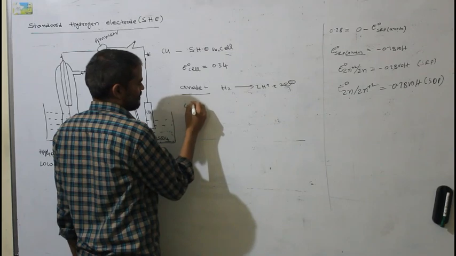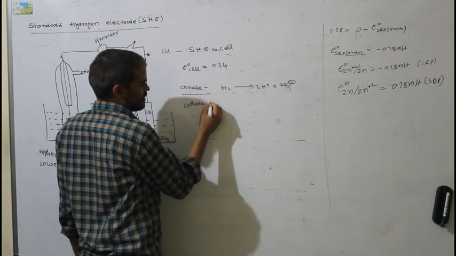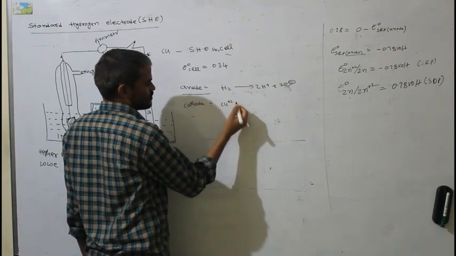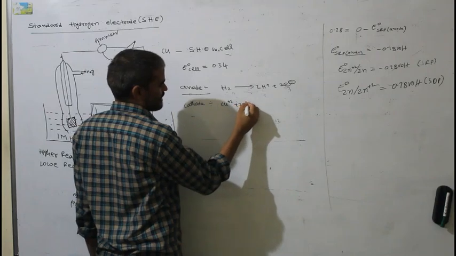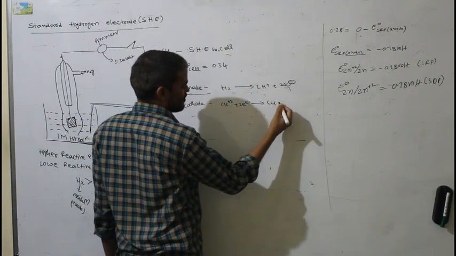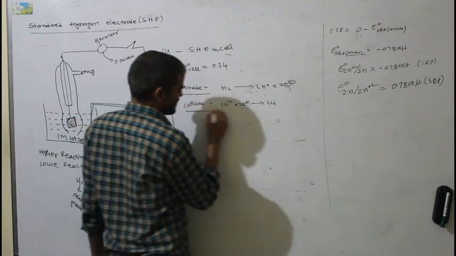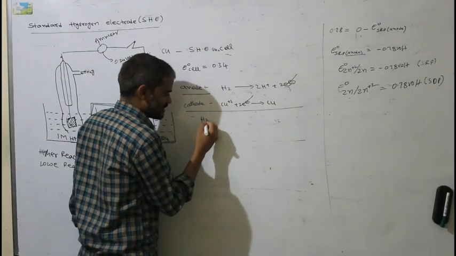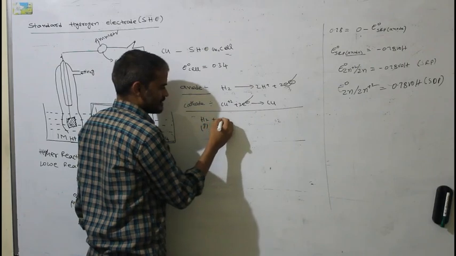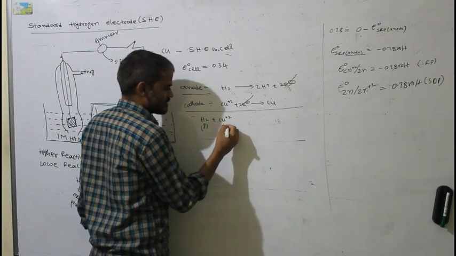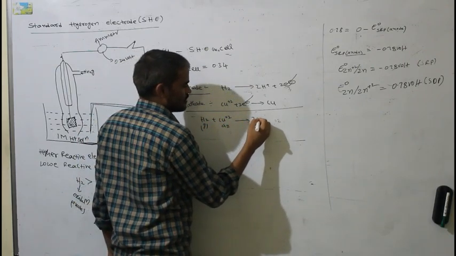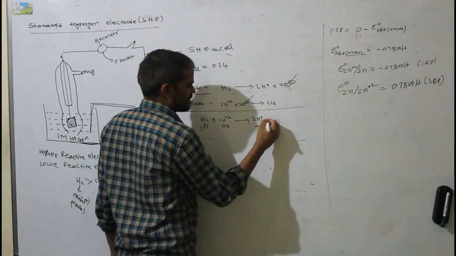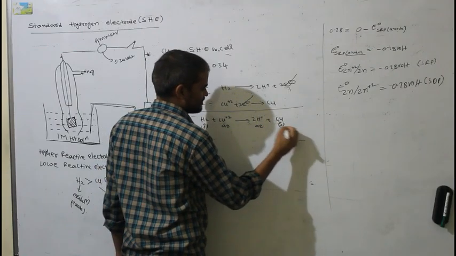Cathode reaction: copper will undergo reduction, that is, Cu2+ accepts 2 electrons and becomes Cu. If we add both reactions, the 2 electrons cancel, and the overall reaction becomes H2 gas plus Cu2+ aqueous becomes 2H+ aqueous plus Cu solid.